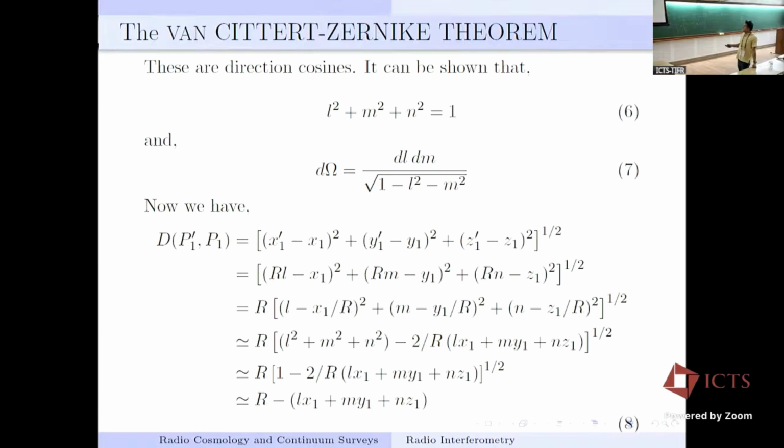Then you will have minus 2 into L into x1 by R, then M into y1 by R, N into z1 by R, and there will be terms x1 square by R square, y1 square by R square. Now because R is very large, I can ignore this R square term, right? That's why I did not write it.